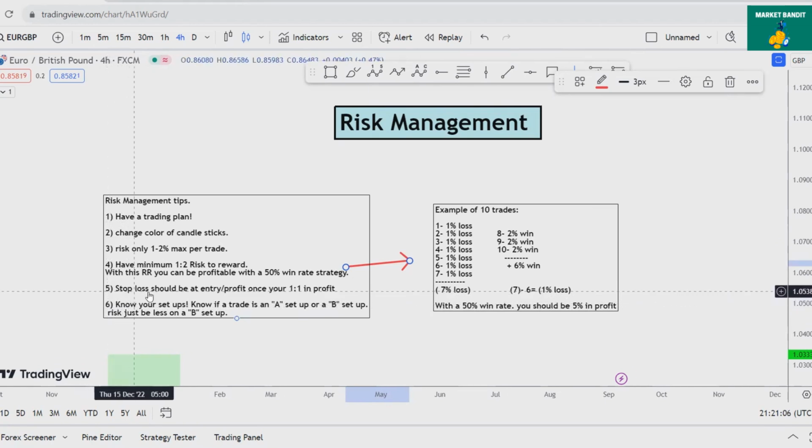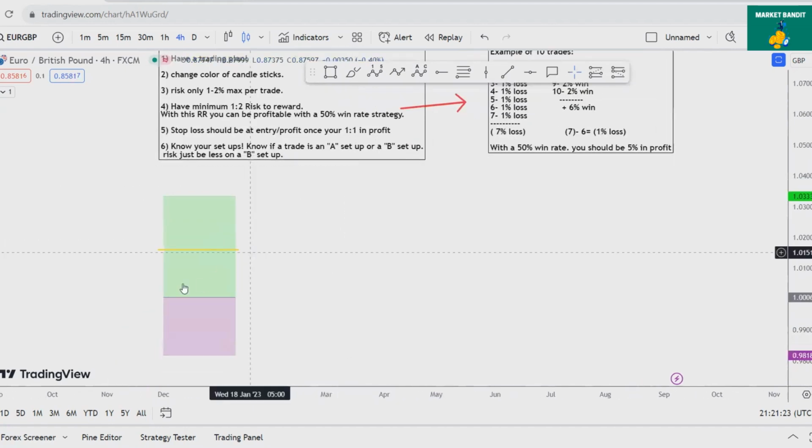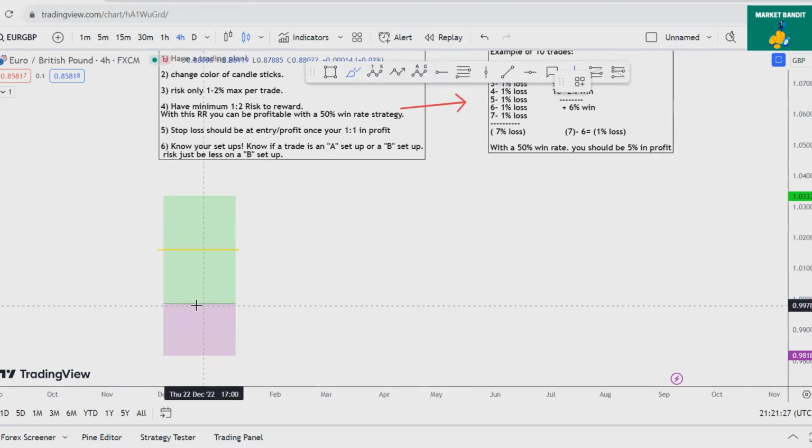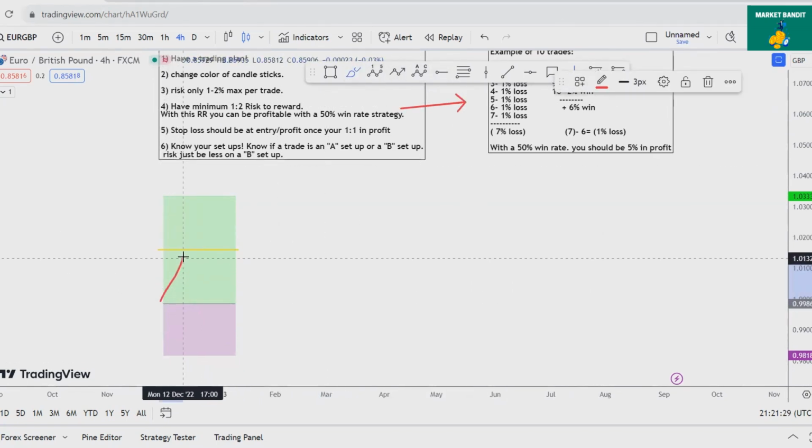Tip number 5 is stop loss should be at entry or in profit once you're at least 1 to 1. I wouldn't say at least, but at max 1 to 1 risk to reward in profit. So what I mean is, if you enter this trade and stop loss hit, you're risking 1%, so you make overall 2% up here.